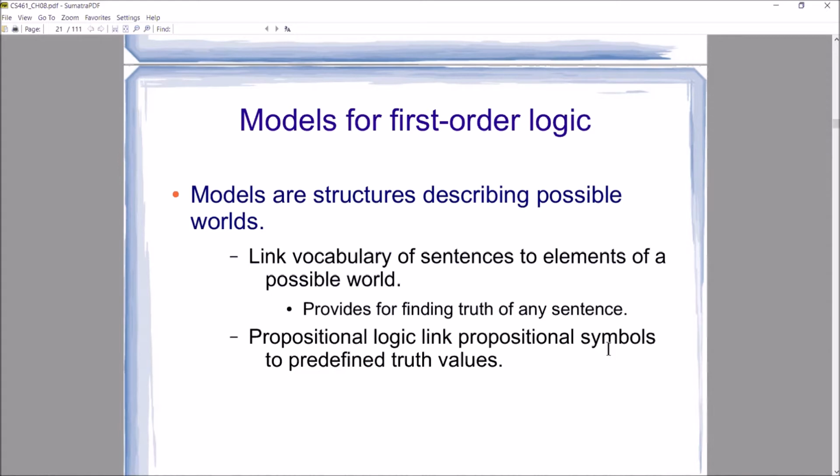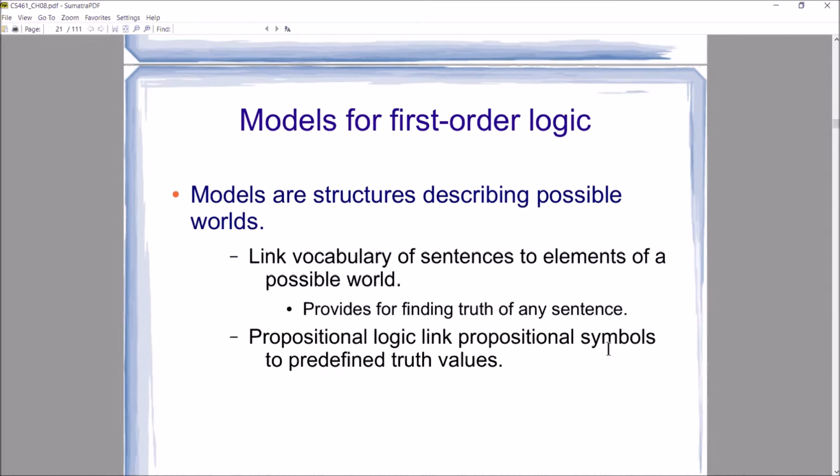So different sentences in a logic, what they allow us to do is take the vocabulary of those sentences and link them to elements of a possible world. So we had different pieces of those sentences that were representing things in some world, in some space, okay, some possible world in some universe. So we had symbols that were representing things.